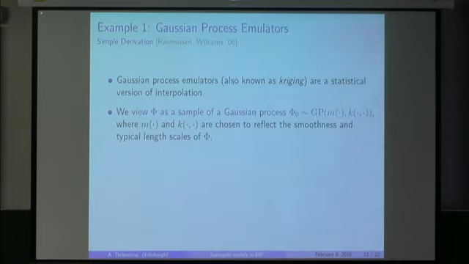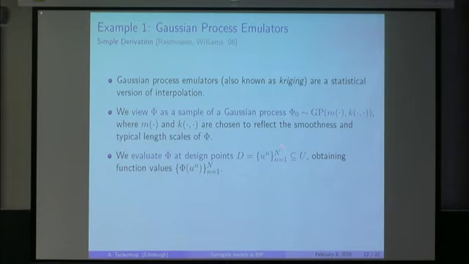It's typically chosen to reflect the smoothness and the typical length scales that you know that phi has. You might know that phi has a certain number of derivatives, which you would then incorporate into this kernel. You might also know the typical correlation length, or on which length scales it varies, whether it's really smooth or whether it varies on a very short length scale. You can incorporate all of that into the kernel and the mean. What you then do is you evaluate your function phi at a set of points, which are called the design points.